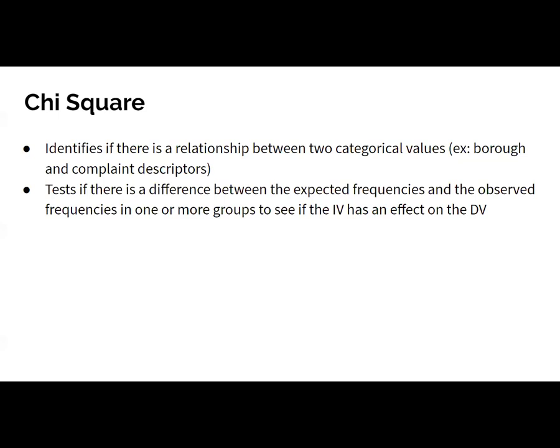And then we'll calculate what we would expect to see. And that'll be straight math, which Excel will be great and very helpful to do. And then the chi-square is going to compare those 2 tables to see if there's a significant difference between the 2. And if there is, then we can conclude that borough does affect the complaint descriptors.